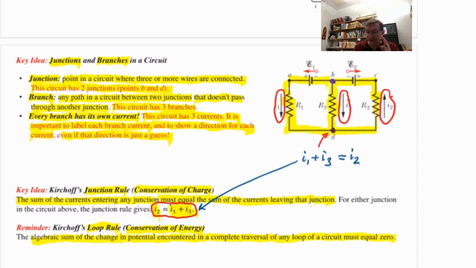And so to analyze this circuit, which is not just simple series or parallel combinations of things, I would first apply the junction rule 2 minus 1, or 1 time, to get 1 equation. But I have 3 unknowns, so I need 3 equations. So I'll apply the loop rule twice. Junction rule once, in this case. Loop rule twice, I'll have 3 equations. Okay, so I'm trying to give you a general approach.